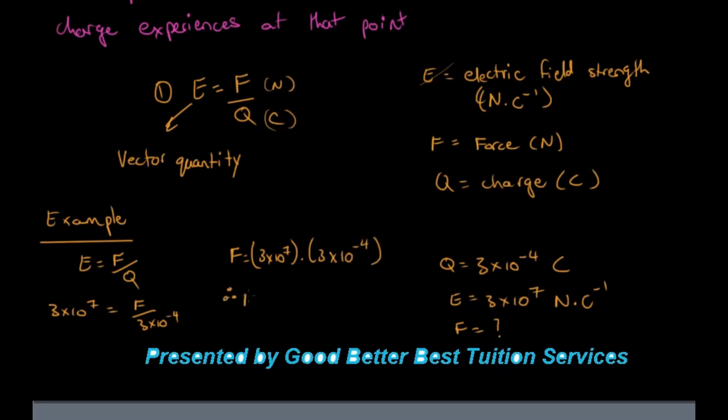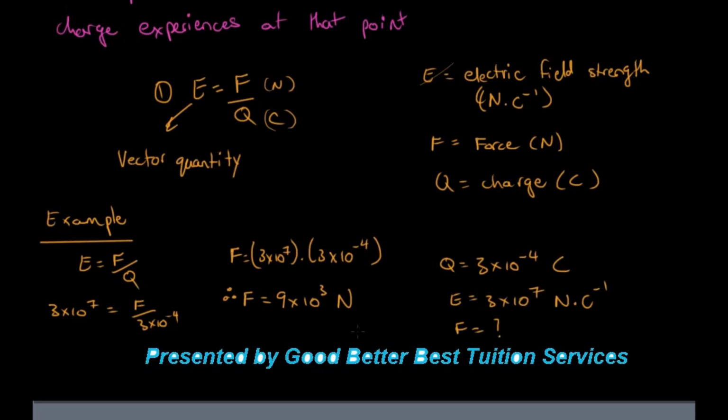Therefore, after a little bit of calculator work, the force exerted on the charge is equal to 9 times 10 to the 3 newtons. There's my answer. I calculated the force that this charge experiences at the specific point.